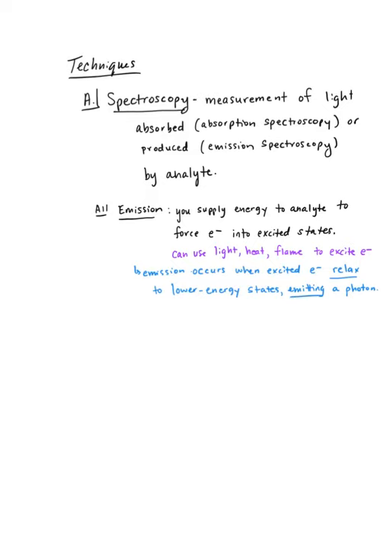An example of an emission process might look like a sodium atom having an electron move from an excited 3p orbital into a 3s orbital. The wavelength of a photon emitted from this process is 589 nanometers, a characteristic line for sodium.